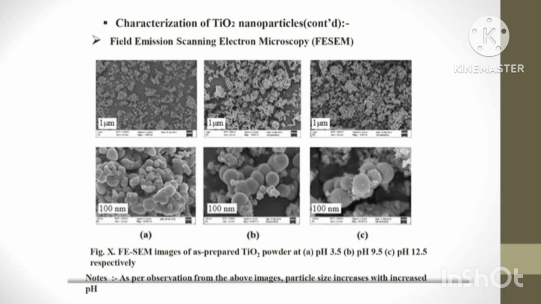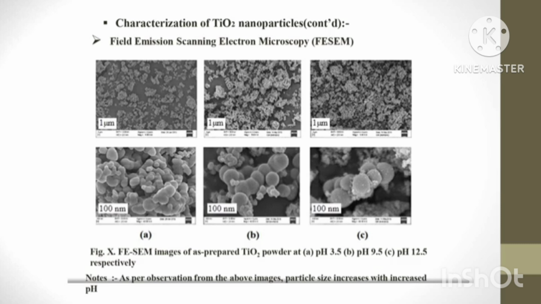As you can see in my figure X, FESEM images of prepared TiO2 powder. What is A? The TiO2 nano powder prepared at pH 3.5. This you have to mention very accurately in the caption, as I have told you earlier.